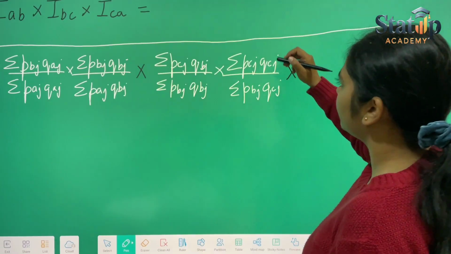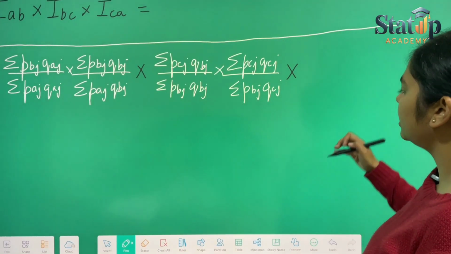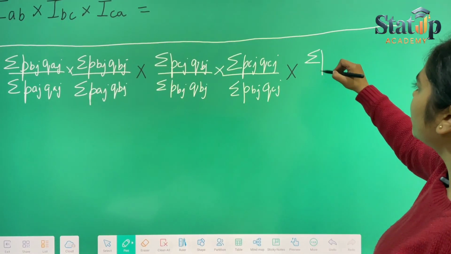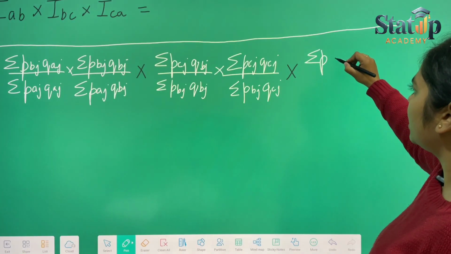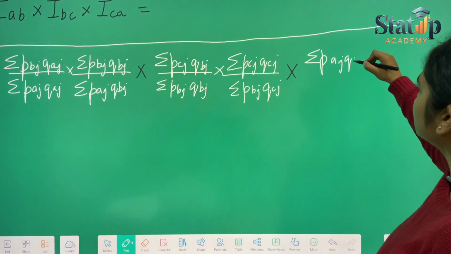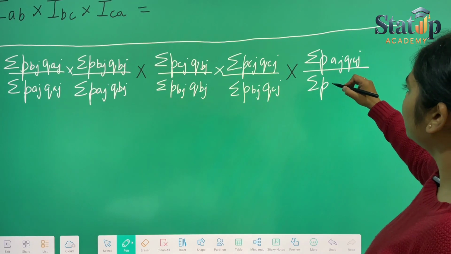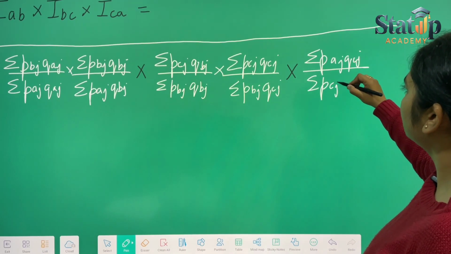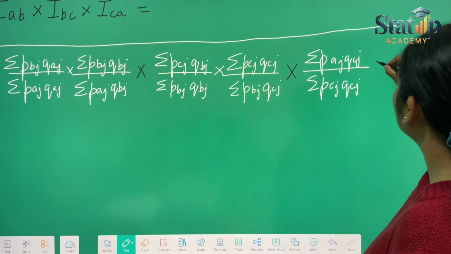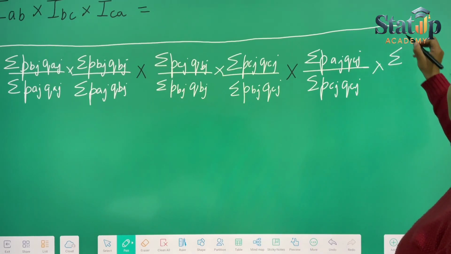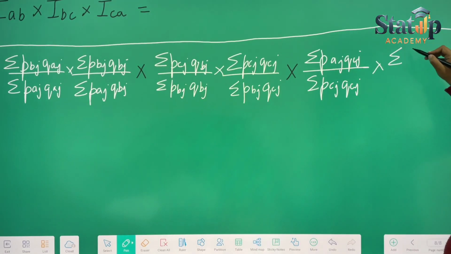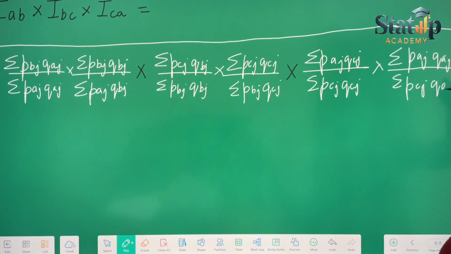Then again multiplied for third, ICA, it would be summation of PAJ QCJ upon summation of PCJ QCJ, into summation of PAJ QAJ upon summation of PCJ QAJ.